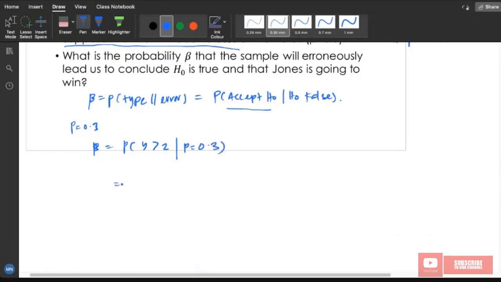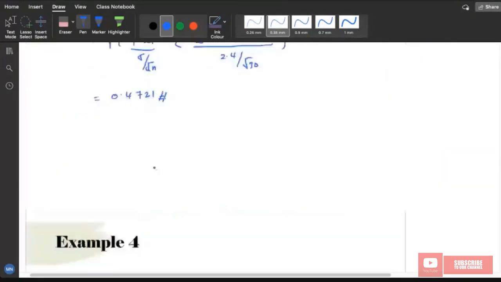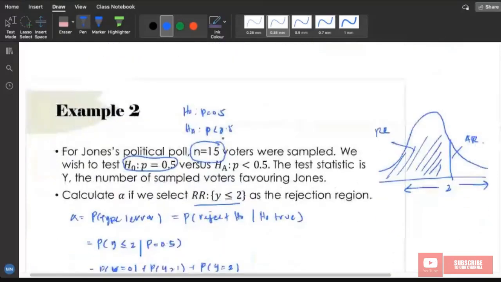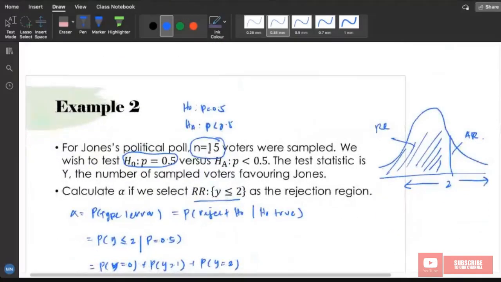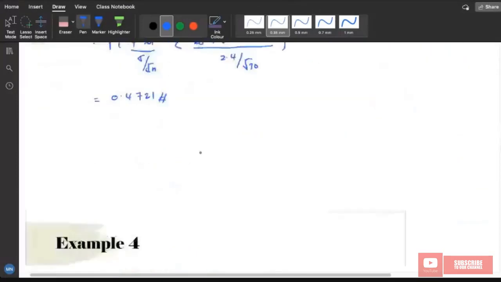So we can use a calculator or a statistical table. I think it is better to use a calculator, it is easier. The summation is from Y equal to 3 until 15. How do we know 15? Because based on example number 2, we have n equal to 15, right?